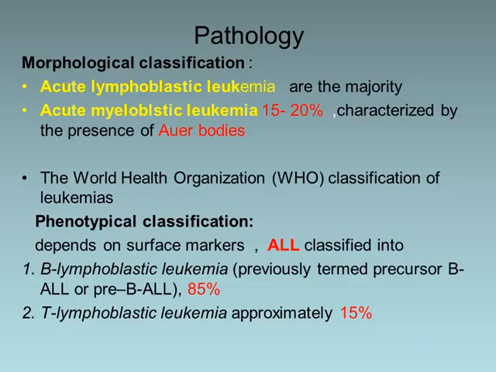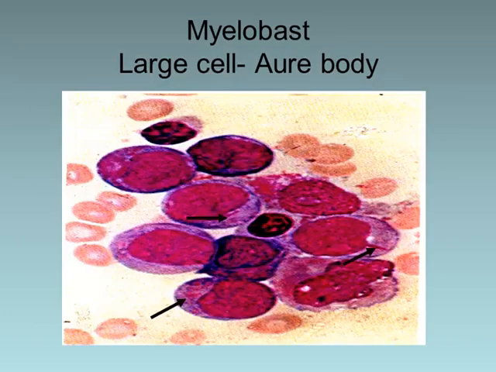The WHO classification classifies leukemia phenotypically, depending on the surface marker, where ALL is classified into B lymphocytic leukemia, previously known as B-ALL or pre-B-ALL, forming 85%, and T lymphocytic leukemia, 15%. This is a slide showing a myeloblast, which is usually larger than a lymphocyte, with the presence of Auer rods.